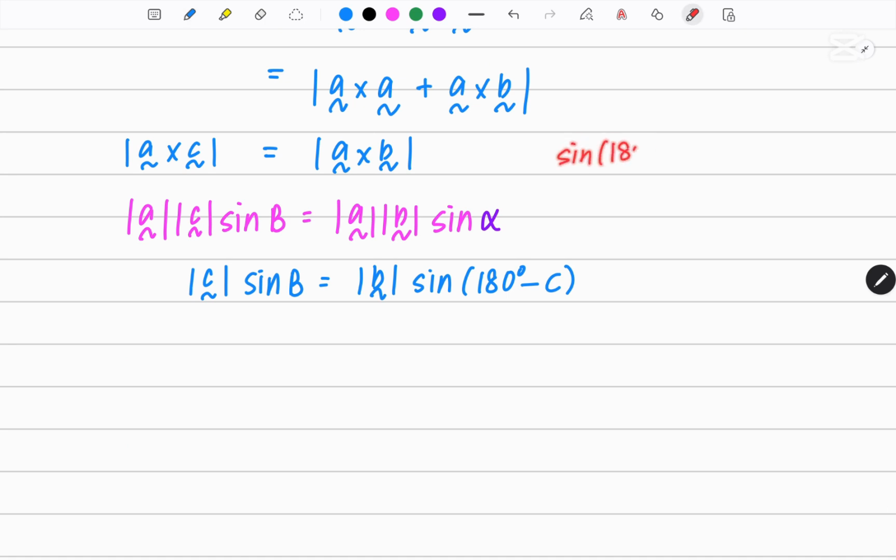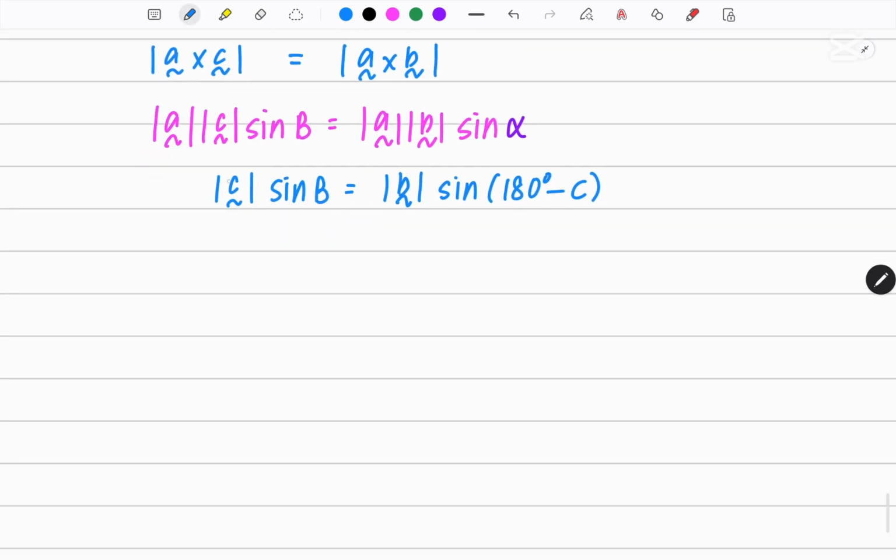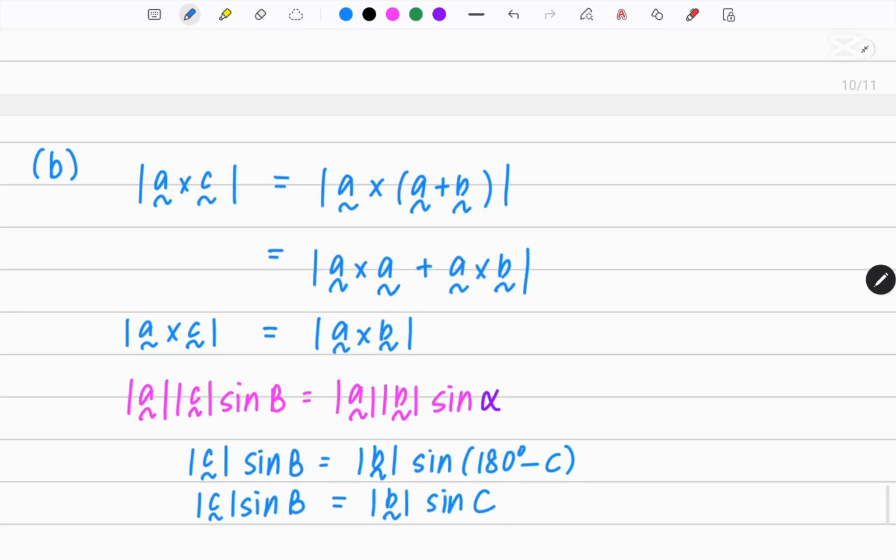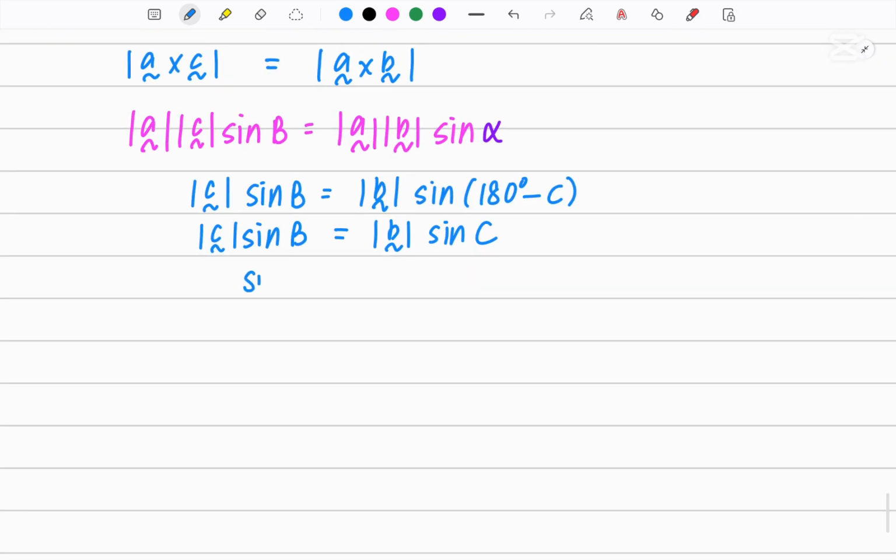Sine of 180 degrees minus theta, this is my supplementary angle formula to give us sine theta. So this will just give me modulus C sine B equals to modulus B sine of C. So now let's put it into how the question wants it. They divided away the modulus, right? So it will be sine B over mod B, just divide away, equals sine C over mod C. Okay, then I'll write shown.